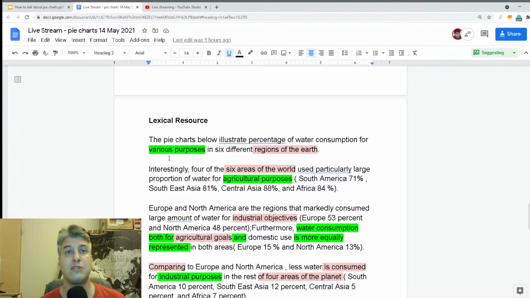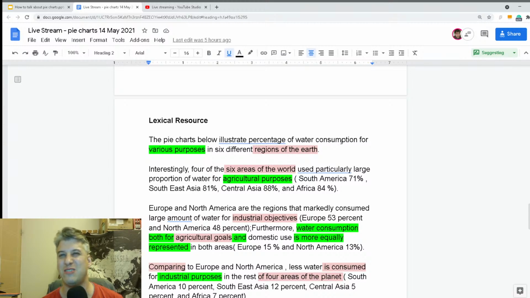In the introduction, I like the phrase water consumption for various purposes. I think this is an excellent collocation. Various purposes are two words that go together naturally, and the writer has used this very well. Then they said various purposes in 6 different regions of the earth.